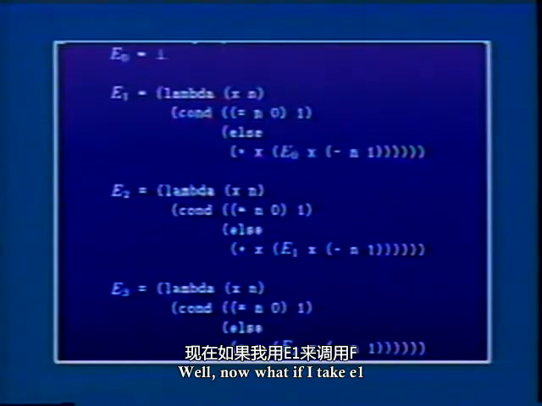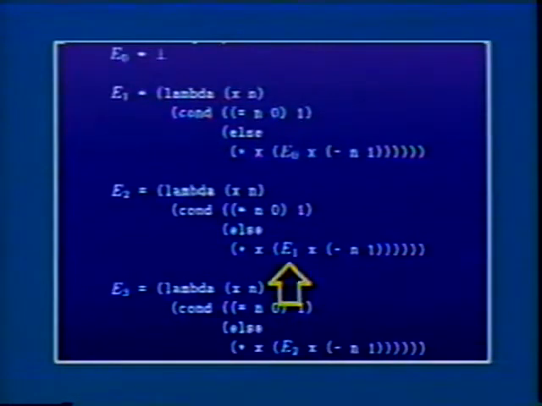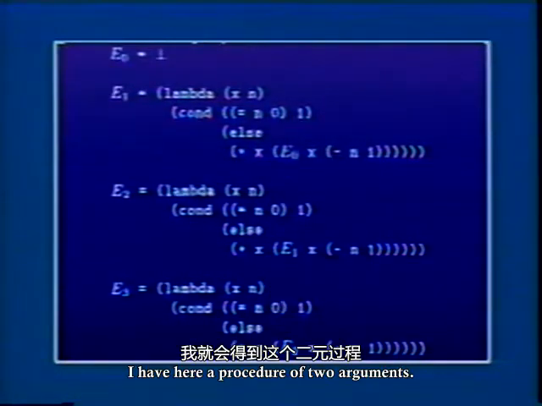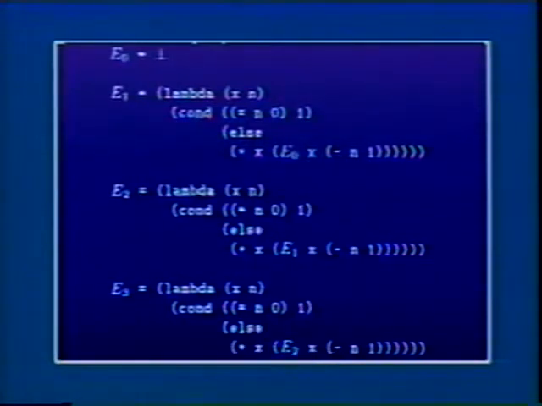Well, now, what if I take E1 and substitute it for g by calling f on E1? Okay. I have here a procedure of two arguments. Now remember, E1 was appropriate for raising to the 0 exponent.